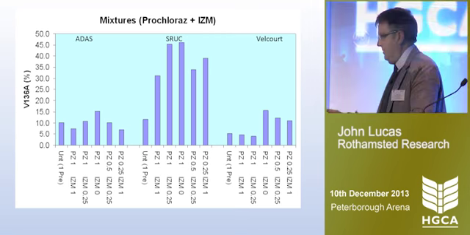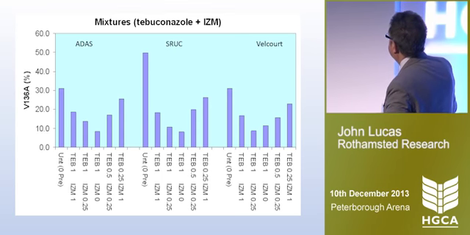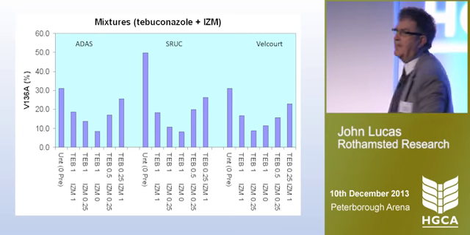It's shown a bit more strongly if you do the reverse version, which is using tebuconazole, which selects against that mutation. Here we have the untreated with quite a high level of V136A, but if you treat with tebuconazole without a mixing partner, it's reduced to a very low level, but with the mixing partner, the selection is less.